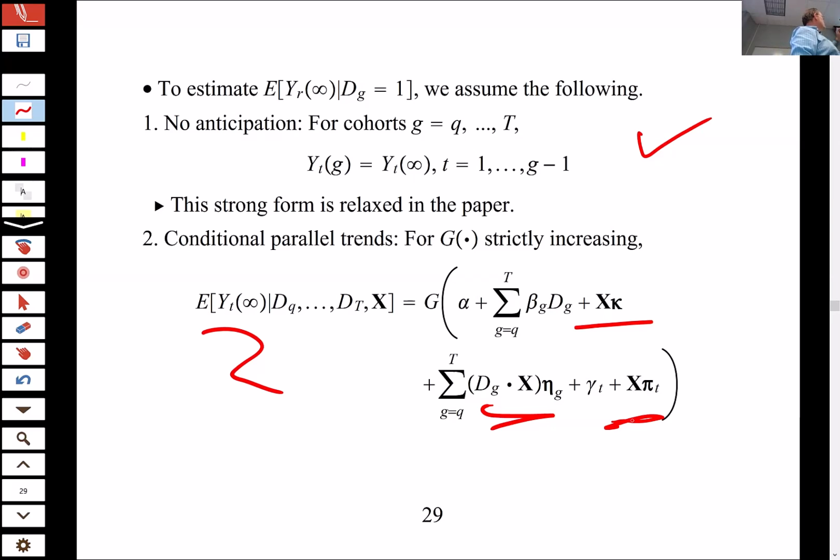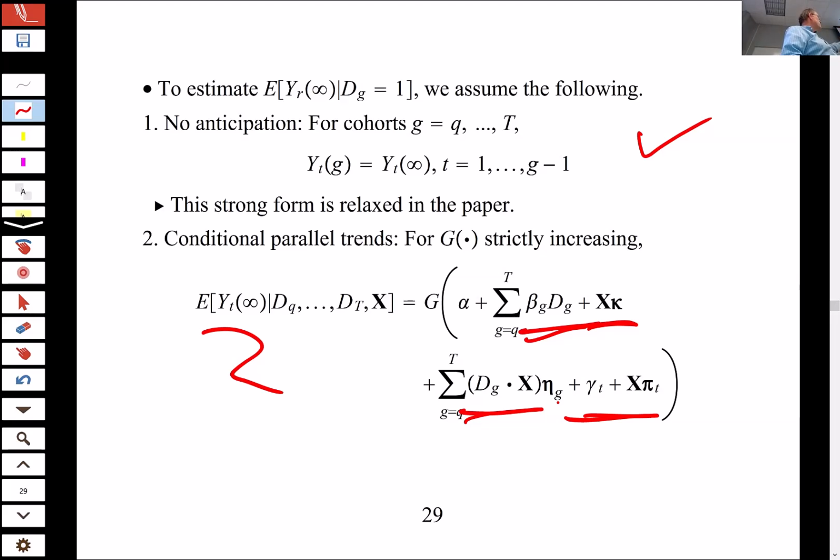Under these two assumptions, I show in the paper, and in fact you can relax the first one a bit, that all of the average treatment effects on the treated for every cohort and calendar time pair are identified, okay? And you can identify them using a pooled quasi-MLE, just like in the 2-period case, but now you put in the x's as controls, and they show up in this flexible way.